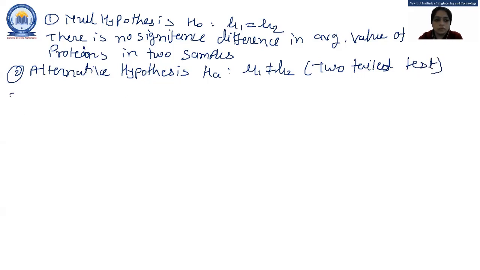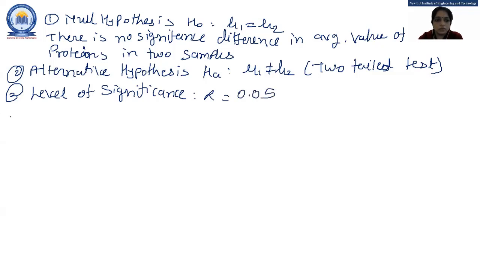Third one, level of significance. Alpha is 0.05. This is the assumption.